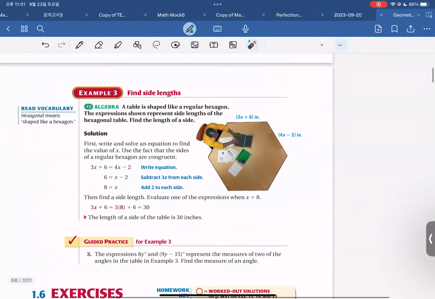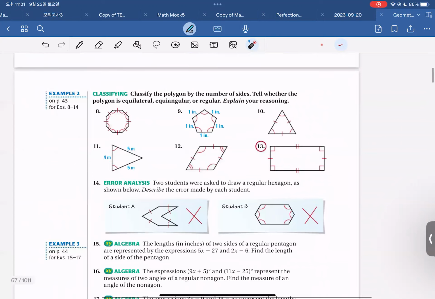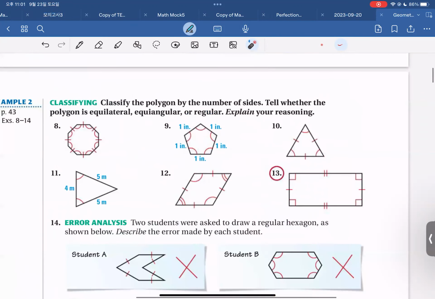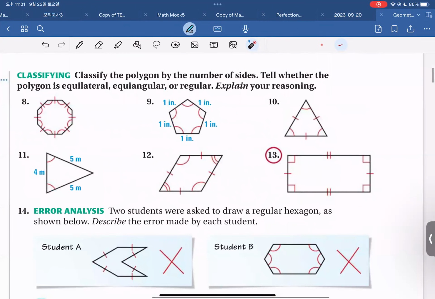I think you can probably deal with these. So let's look at classifying the polygon by the number of sides. Let's look at 12, right? So as I told you, equilateral is when all sides are equal, and this rhombus has all equal sides. So we can tell this is equilateral.